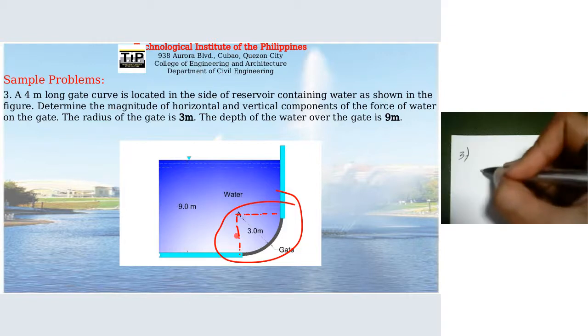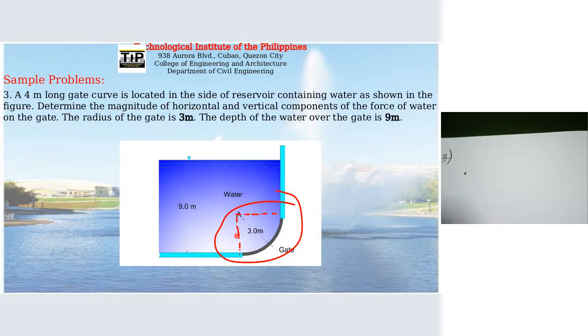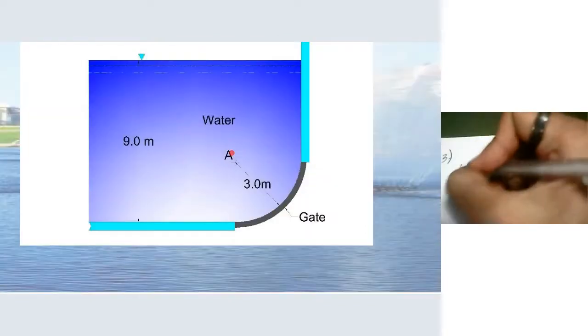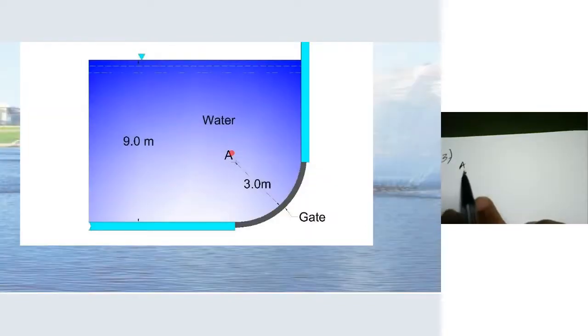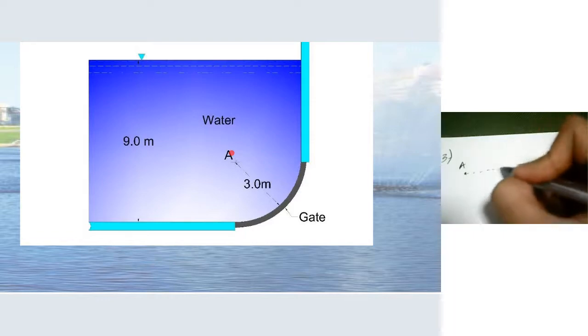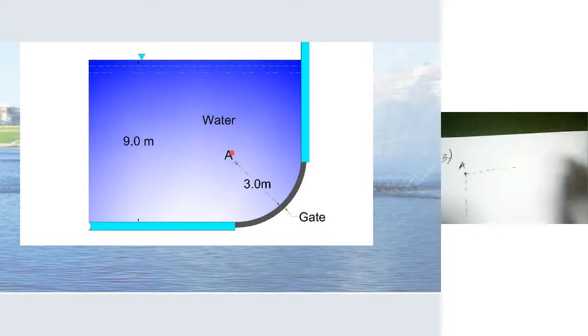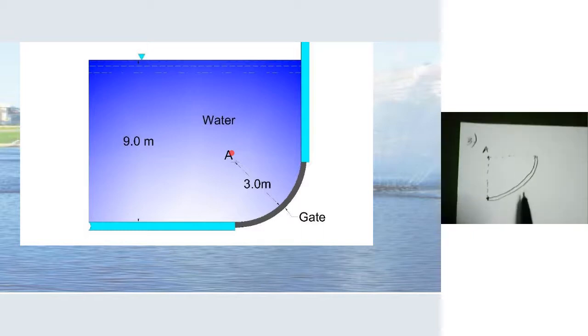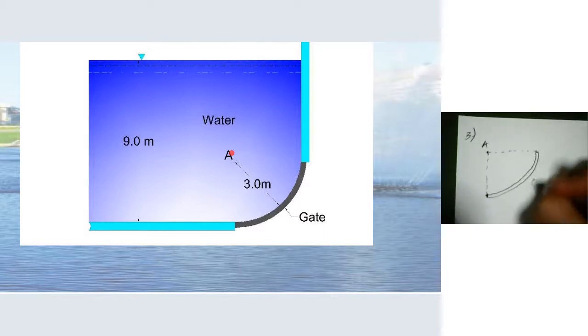Let's draw its free body diagram. We have point A. So this is point A. Then we have this gate that is curved.